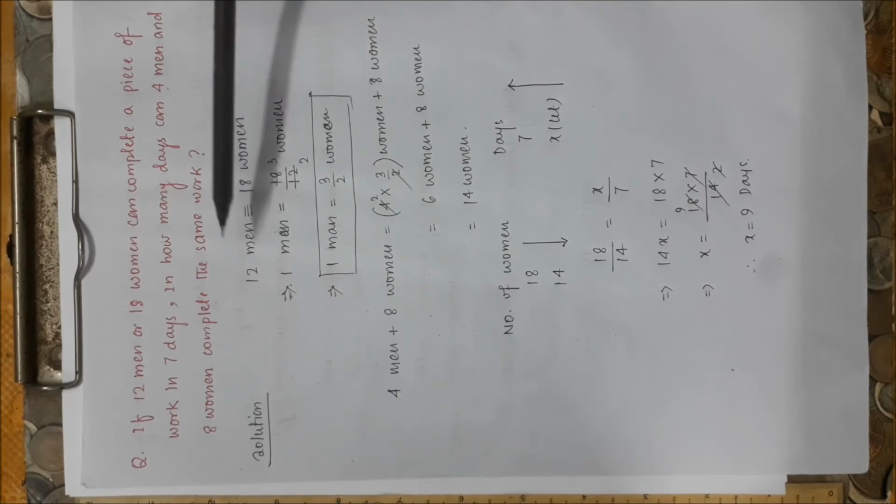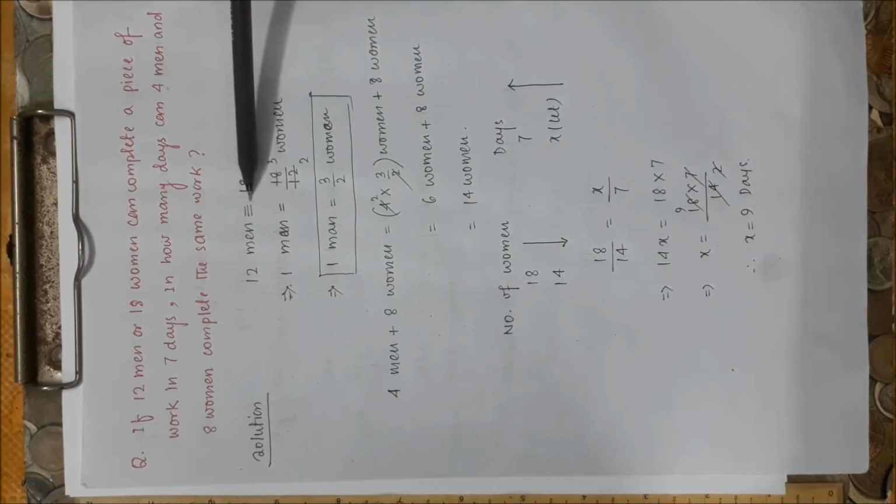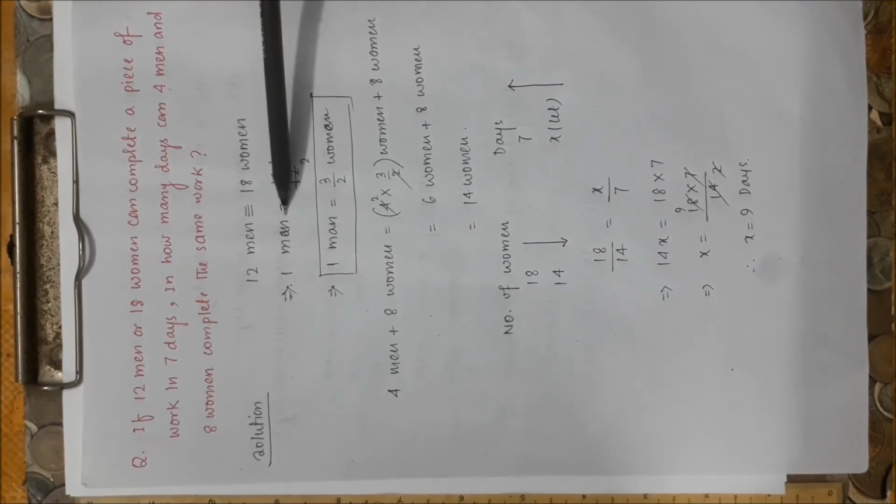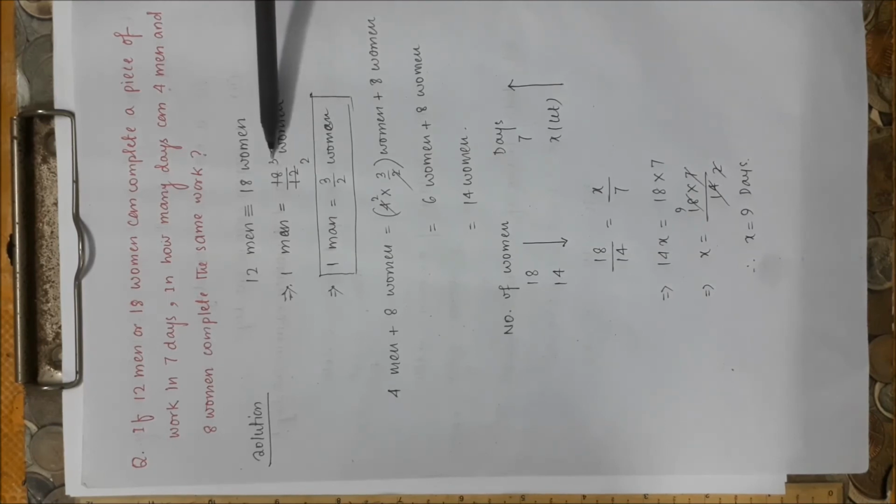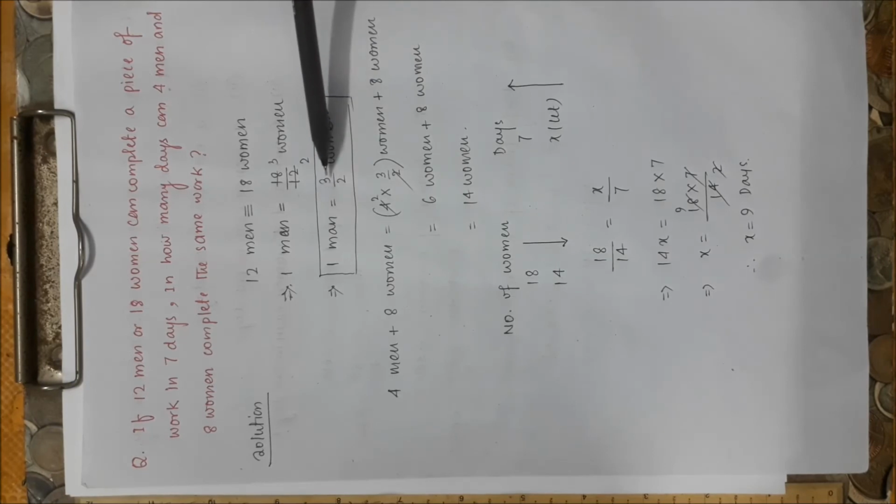That means 12 men is equivalent to 18 women. So 1 man equals 18 by 12 women. 6 threes are 18, 6 twos are 12. So 1 man equals 3 by 2 women. This will establish a relationship between efficiency of a man with women.